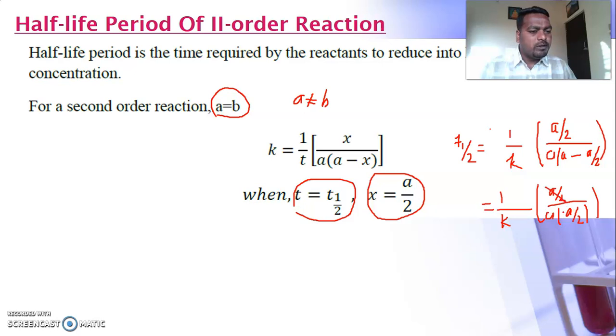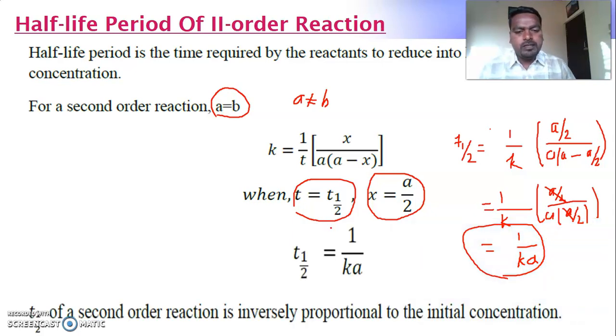So A by 2 gets cancelled, and we get 1 divided by k, the rate constant, into initial concentration. So t half is equal to 1 divided by rate constant k into A. This is the mathematical expression for half-life period of a second order reaction.